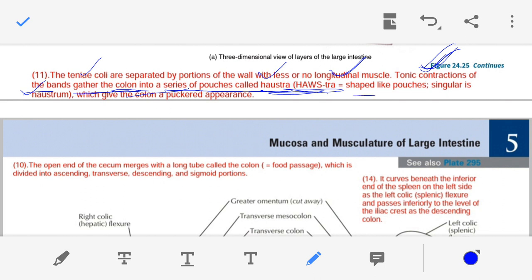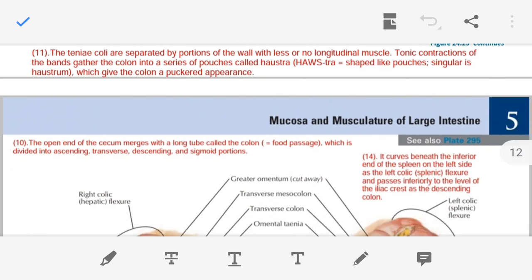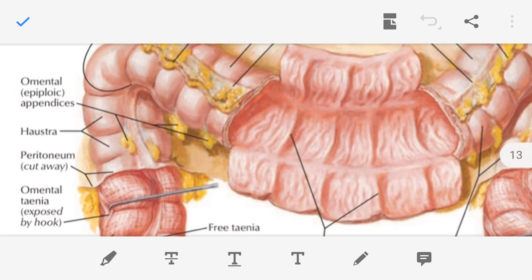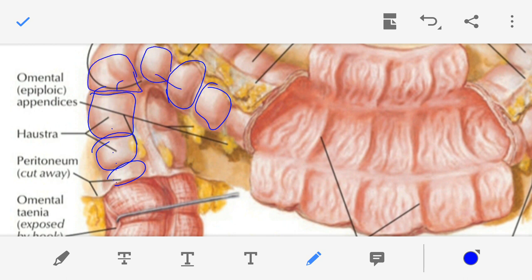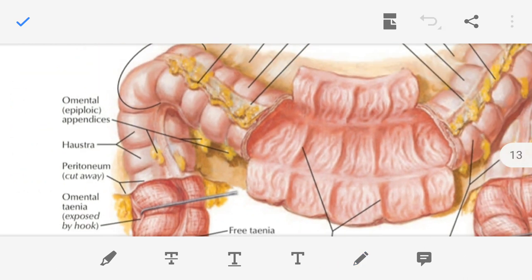Haustra means shaped like a pouch, and the singular is haustrum. See, this one is the haustra, this one is the haustra. And why are these haustra developed? We can see this haustra due to the contraction of the tenia coli.